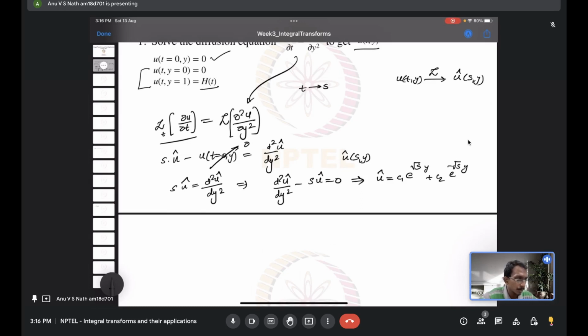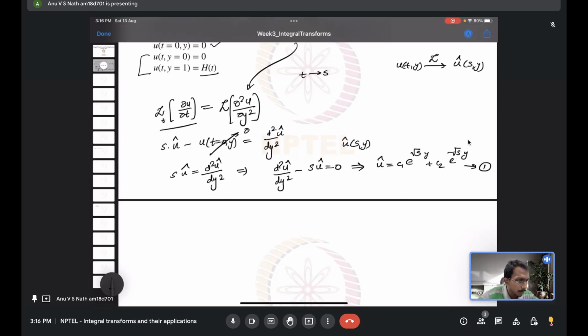So we have two conditions here, but they are given in the physical time domain, and we want to convert them to the Laplace domain. Then only we can apply that to equation 1. So if we take the Laplace transform of these two conditions, u cap at y equal to 0 is the Laplace transform of 0, so that is just 0.